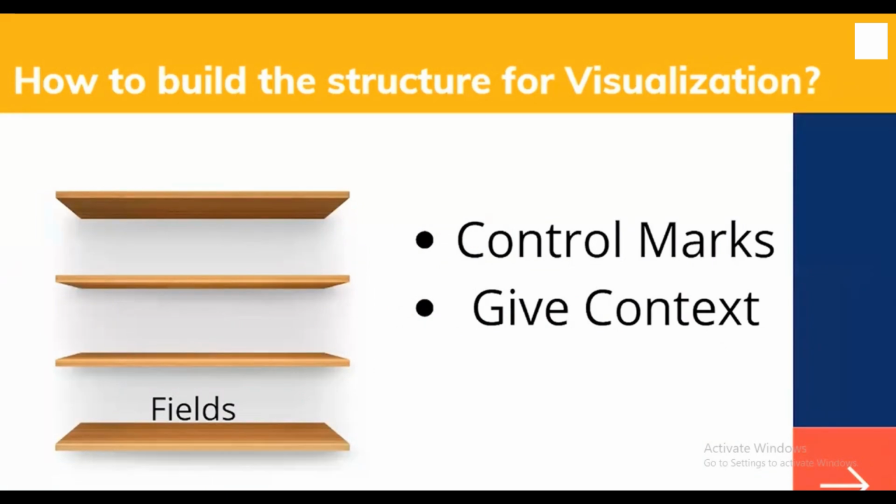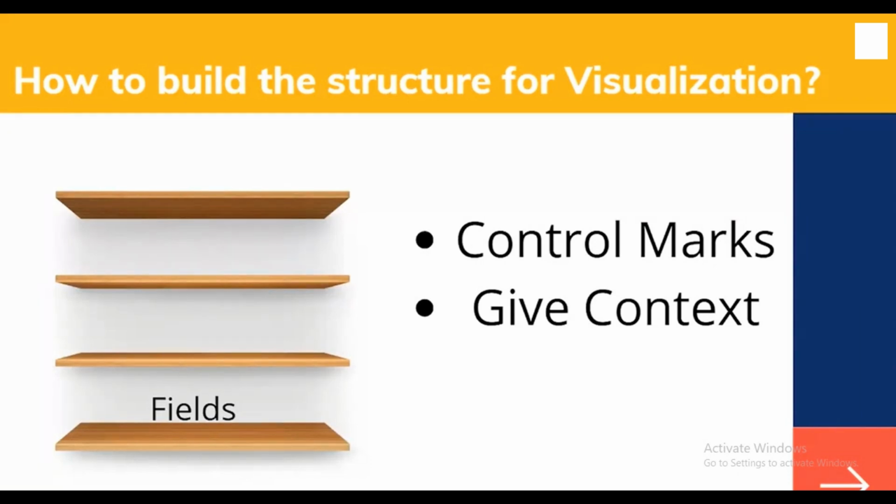I now know what to do with respect to the fields: whether a field should be a dimension or a measure, and what kind of data type it should have. Now I need to build a structure for the visualization. How do I do that? This is the question.